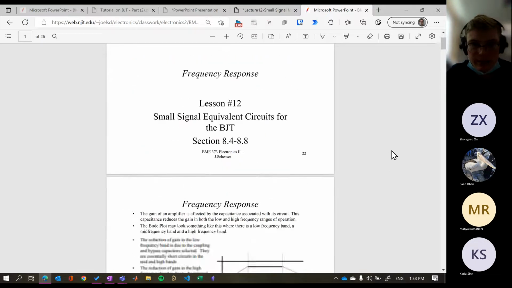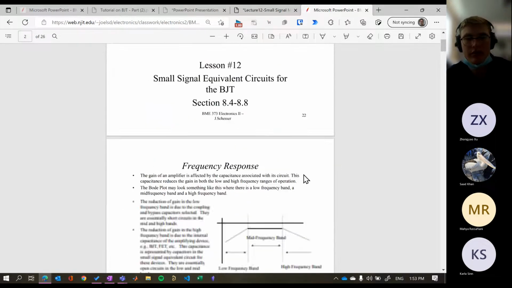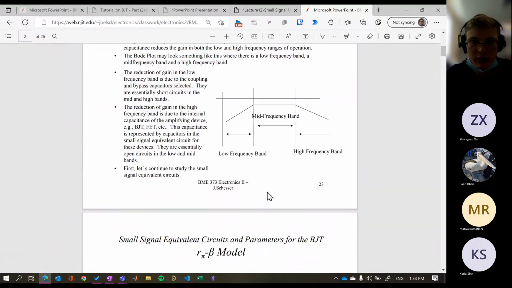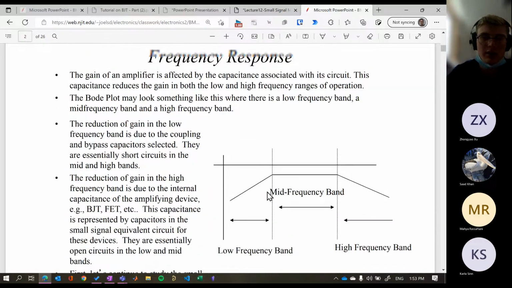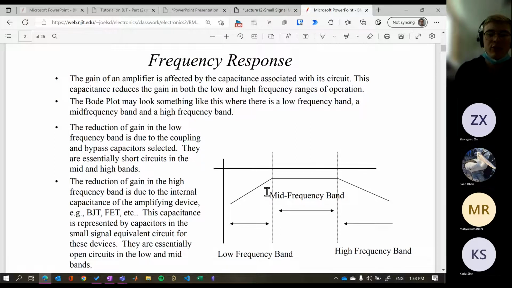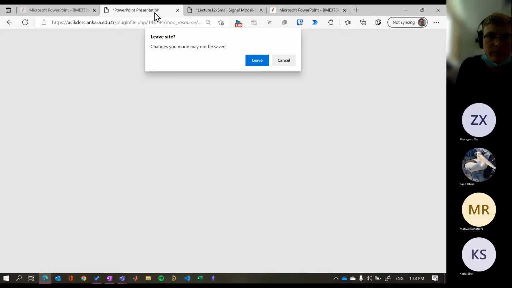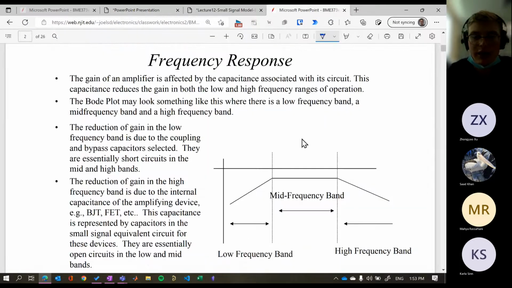Alrighty, so frequency response of a BJT is pretty much determined by the different capacitances that we have in our BJT.